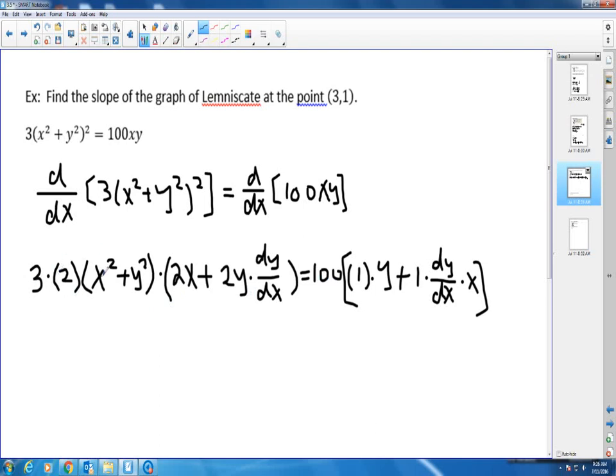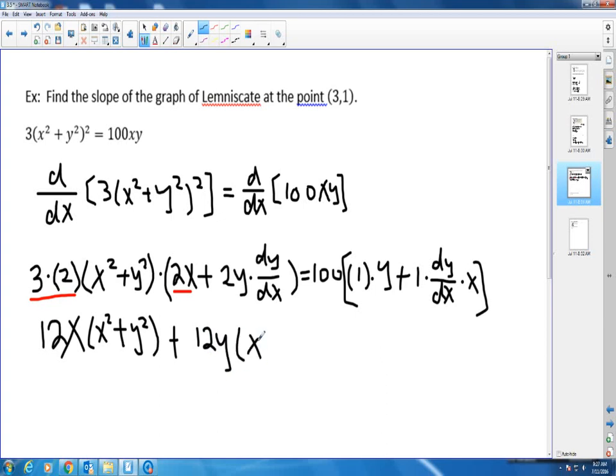Rather than take the 6 times x squared plus y squared and distribute the 6, I'm actually going to take the 6 times the 2x, which will give me 12x, and that 12x will eventually still be times this x squared plus y squared, plus this 6 times the 2y here gave me 12y, and that 12y again will be times the same thing, so that will give me 12y times x squared plus y squared, and of course my dy/dx I'm going to put at the end here.